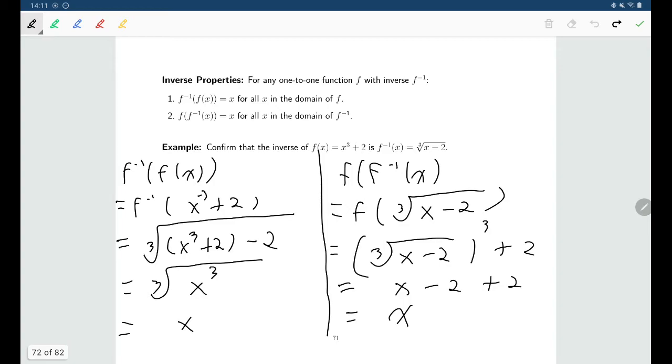We'll see this with some other examples that we do in a little bit, where you'll see that f and f inverse are basically doing the same thing, but opposites and in the reverse order. So similar activities. Here it's cubing and adding 2. Here it's cube rooting and subtracting 2. These are opposite activities, and they're being done in reverse order, opposite order of each other. But we'll see more of that in the future.